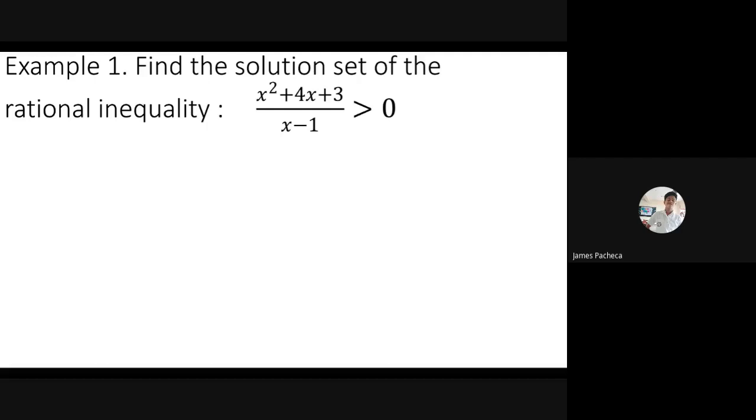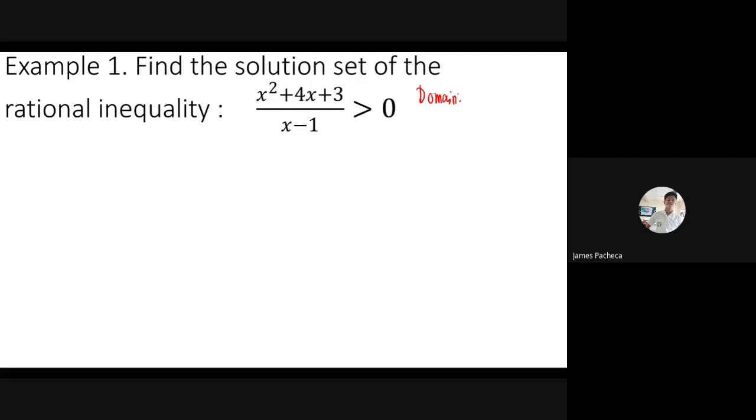So first, we have to find the solution set. Una kong isasuggest na hanapin nyo ay ang domain. Sa mga nakalimot na, pag sinabing domain, those are the values of the variable that will make the function or that will make the inequality defined. Masyado siyang marami, kaya babalik tayo rin natin.